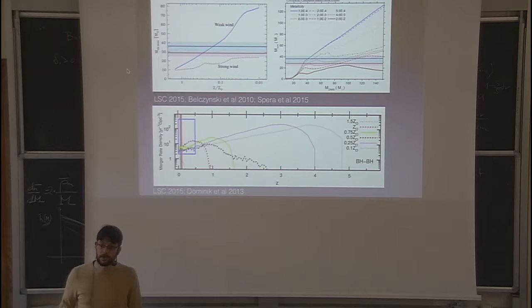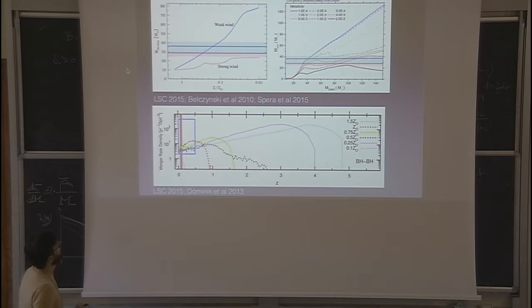It's the same thing as the solar wind. If stellar winds are very strong, they tend to strip gas from the system when the supernova explodes, and therefore you get a small black hole mass. This is the mass of the black hole as a function of metallicity.